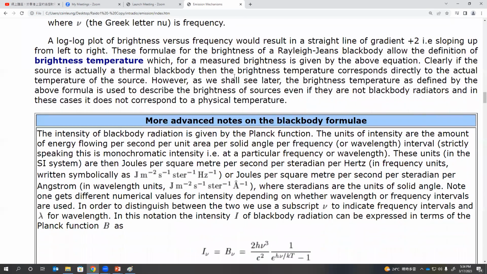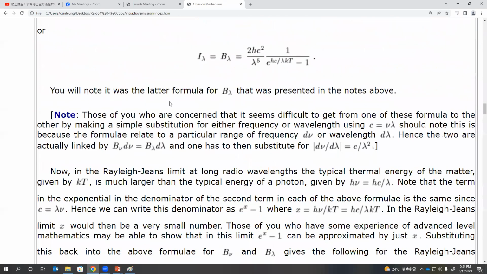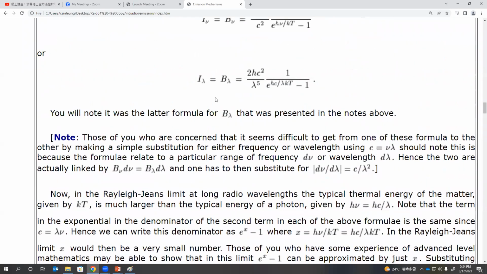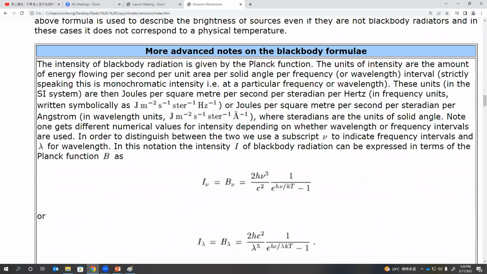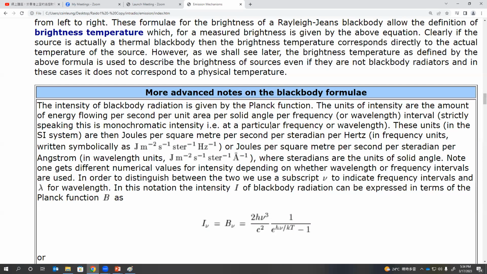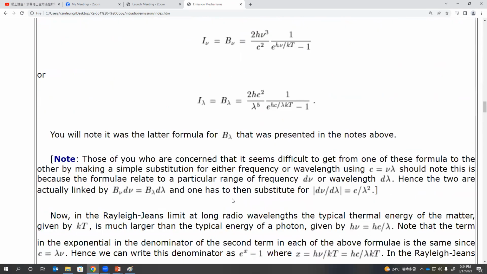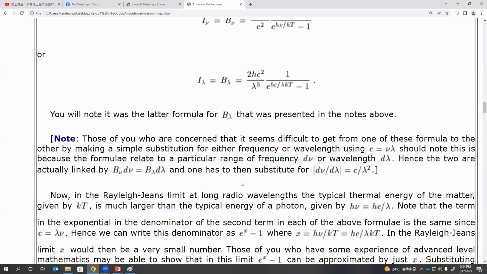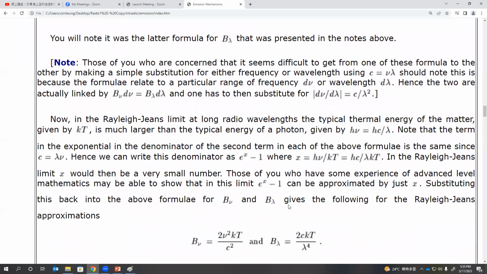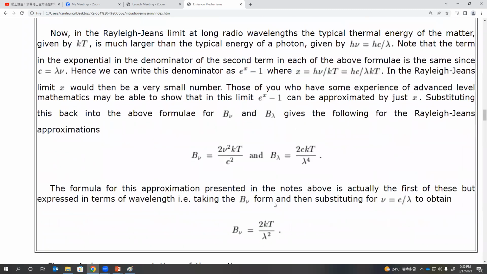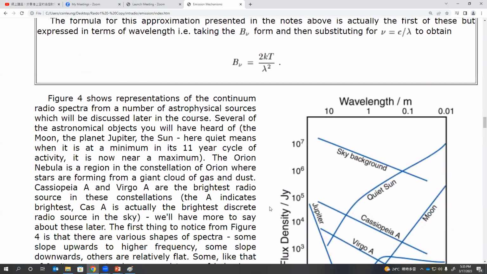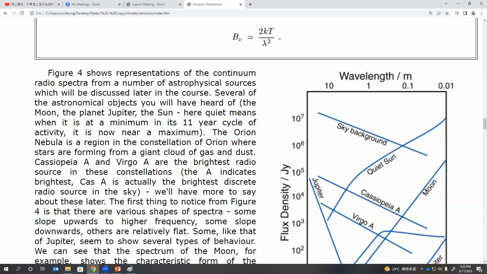And now we move on. Here is a more advanced look at how we can derive from the Planck function the corresponding brightness temperature. I won't go through it because you can refer to the lecture notes.